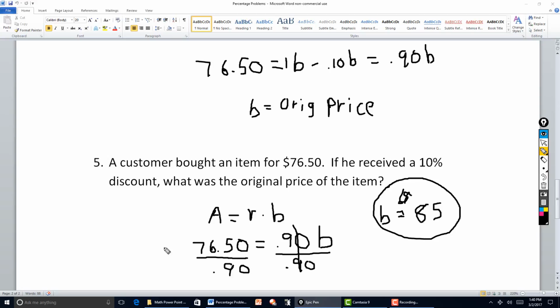But notice that's the same thing that I have right there. Sometimes you can rewrite this to make it easier. If you received a 10% discount of the original price, that means you paid 100 minus 10%, which would be 90%. So 0.90b. That's how I get this right here.